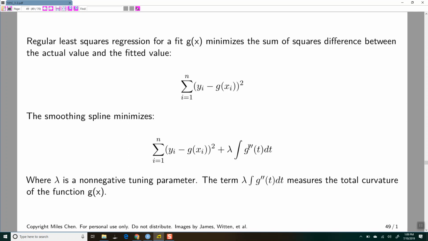So if lambda is huge, it's going to really penalize wiggly curves, and if lambda is not big, the penalty is a lot less. Is that okay?